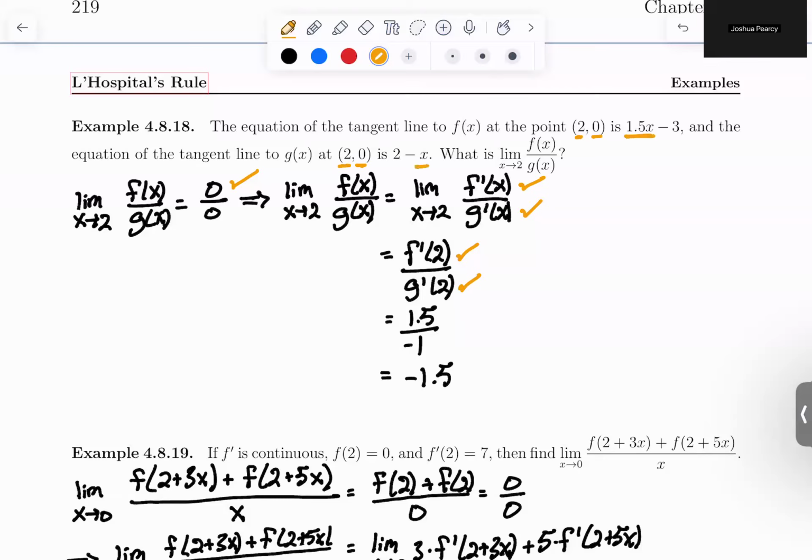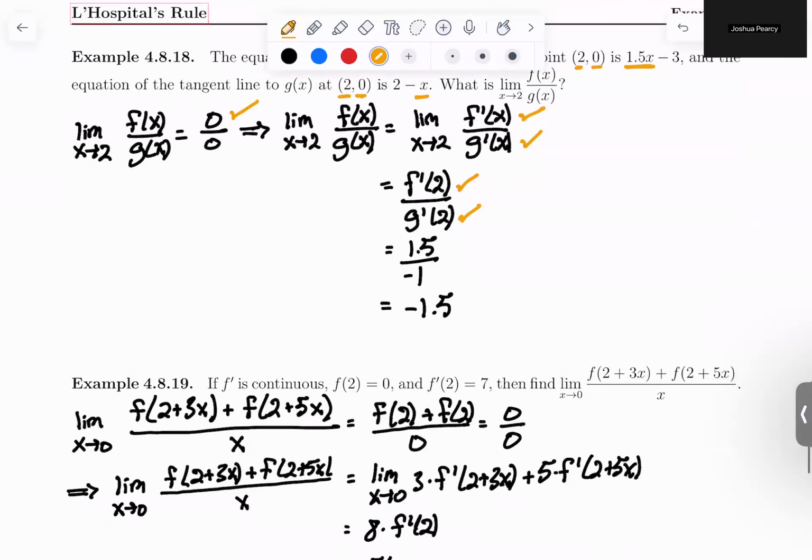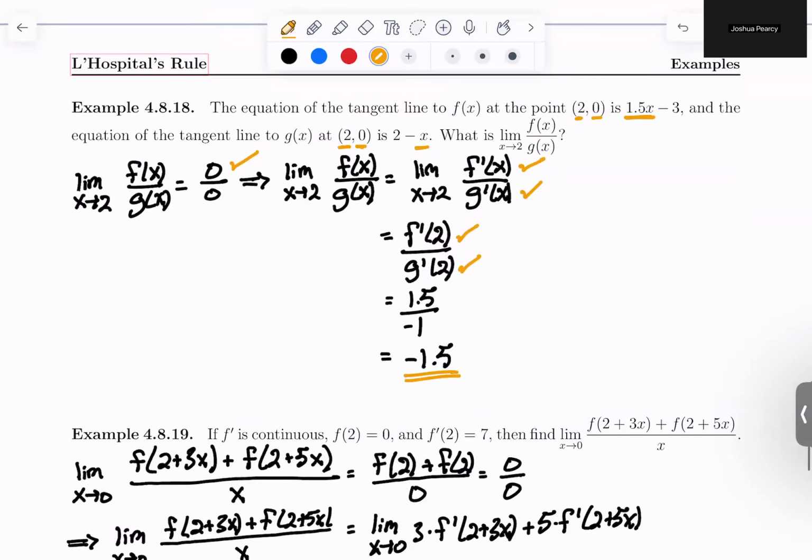Here, the derivative of f at 2 is 1.5. And here, the derivative of g at 2 is negative 1. So we have 1.5 over negative 1, or negative 1.5. So that implies that the limit as x goes to 2 of f of x over g of x is negative 1.5. So that one's a problem you wouldn't expect to need to use L'Hopital's rule on, but it's kind of nifty how we used it.